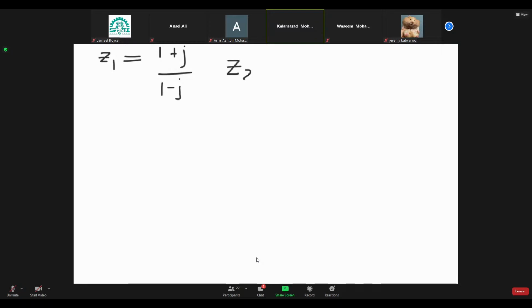Z2 is equal to 1 over 2 plus square root of 3 all over 2 J. Show that Z1 is equal to J. All right, let's do that one part at a time rather than writing them all.